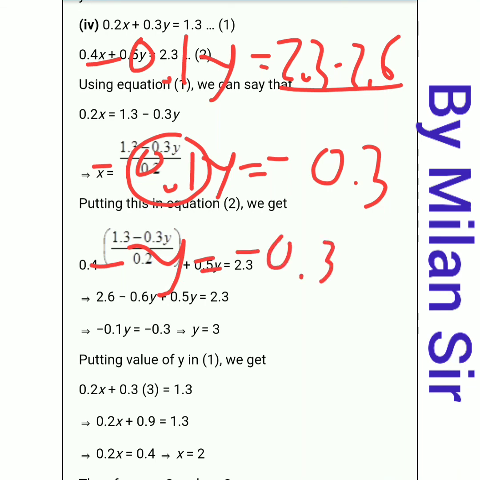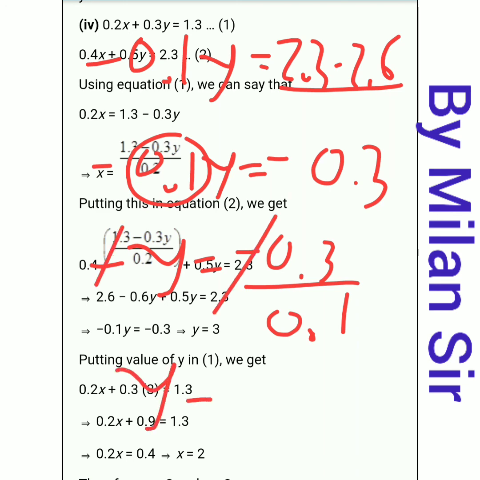Now here 0.1 is multiplied with y. So if we transfer it to the right hand side, it goes to the denominator, divide by 0.1. Now on both sides, left hand side and right hand side, the minus sign is there, so we can cut it. Okay.